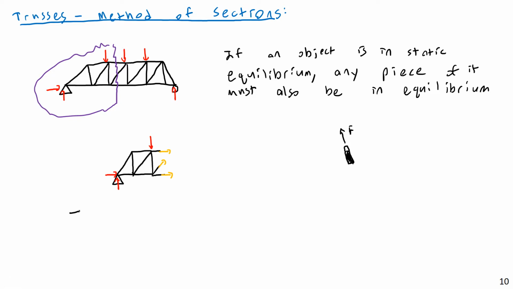And really, the method of sections is a rigid body equilibrium method. So the method of joints is an application of point particle equilibrium.